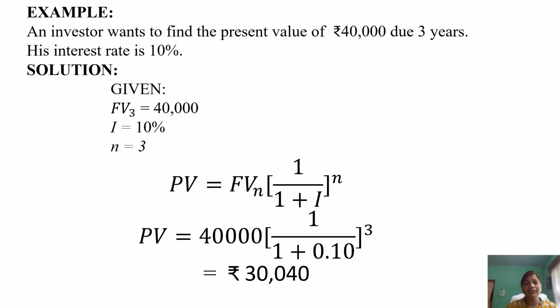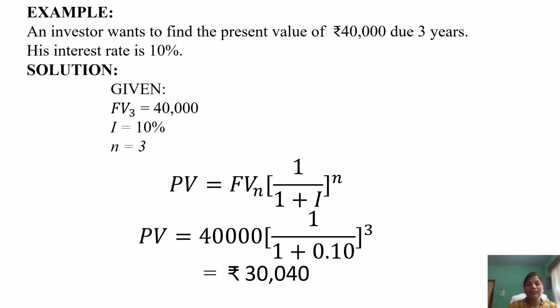An investor wants to find the present value of rupees 40,000 due in 3 years. His interest rate is 10%. What do you understand from the problem? The investor is expecting 40,000 rupees after 3 years, that is, a lump sum amount.